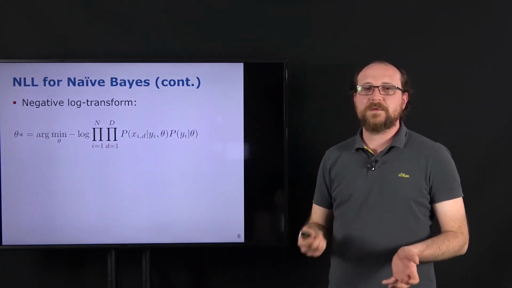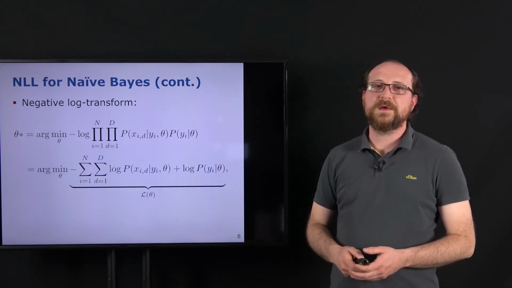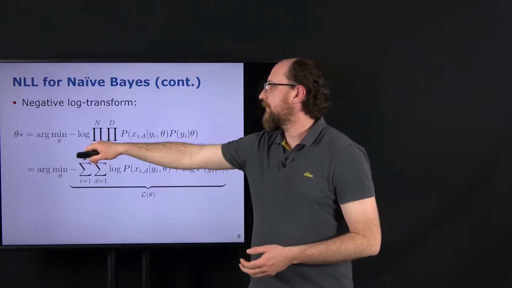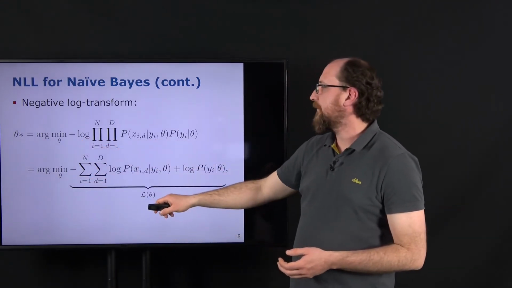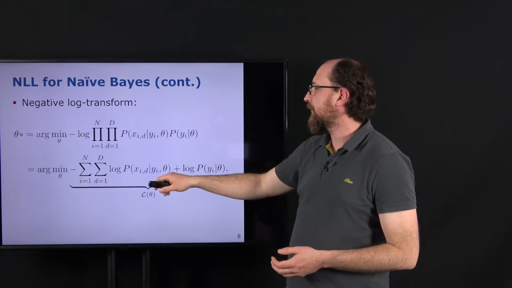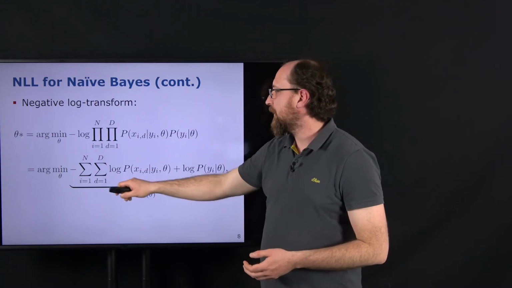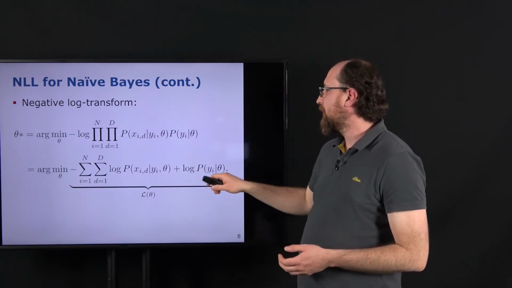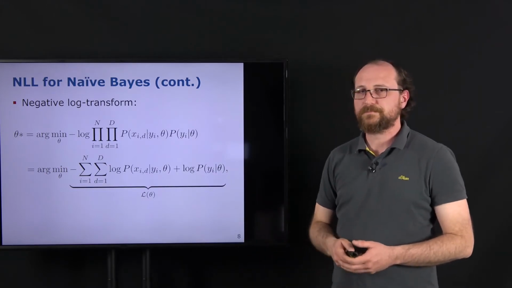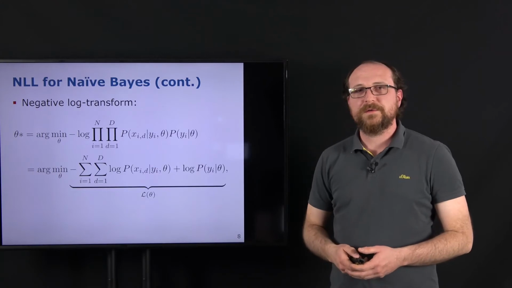And the good thing about the logarithm, as I said in the last lecture, is basically that we can then replace the products, when we push in the logarithm, with sums. And then we have, here is also a product, so we have the sum over the log probability of the feature and the log probability of the classes. And this is then, as usual, our negative log likelihood term.